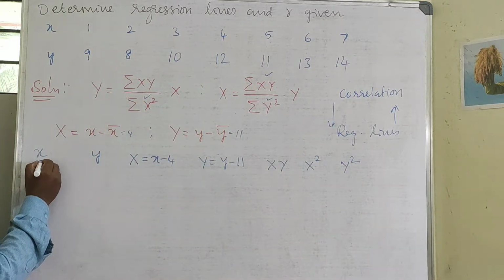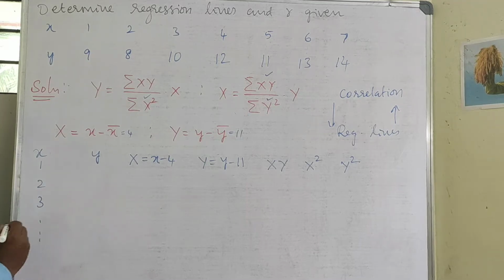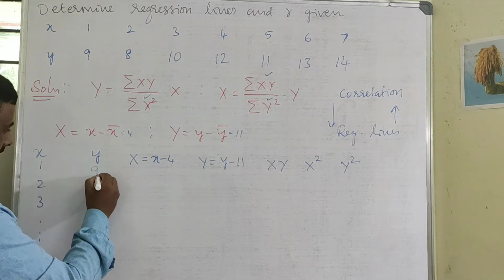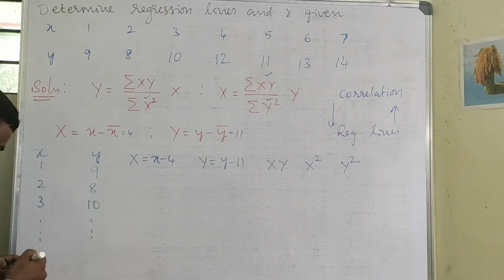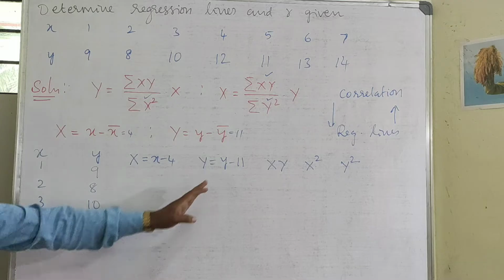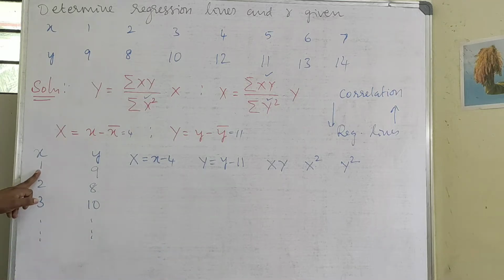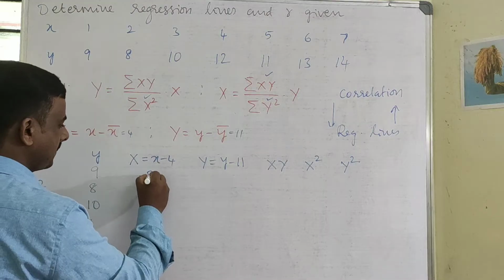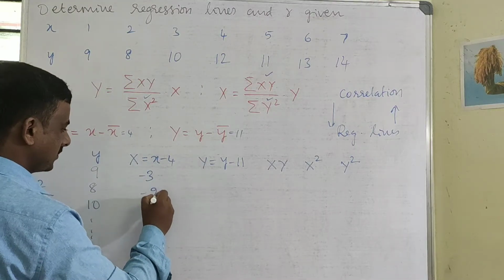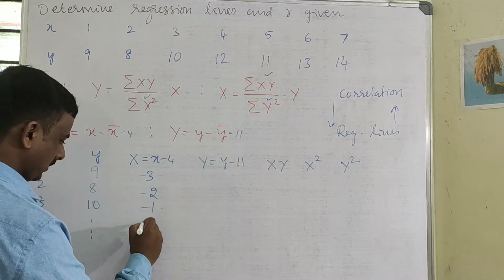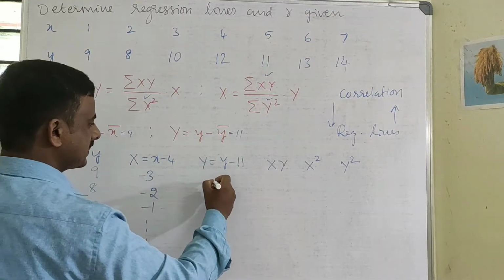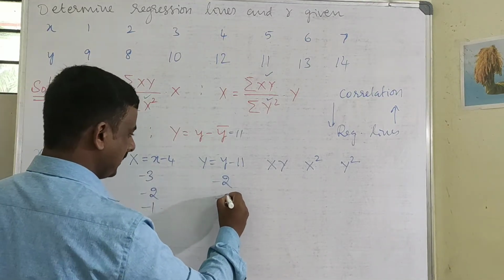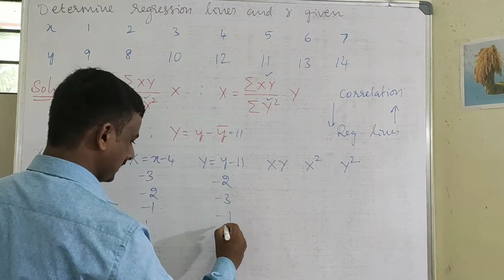Small x will be 1, 2, 3 and so on, and small y 9, 8, 10 and so on. Capital X will be 1 minus 4, that is minus 3, 2 minus 4, minus 2, 3 minus 4, minus 1 and so on. Capital Y, that is small y minus 11, so 9 minus 11 is minus 2, minus 3, minus 1 and so on.